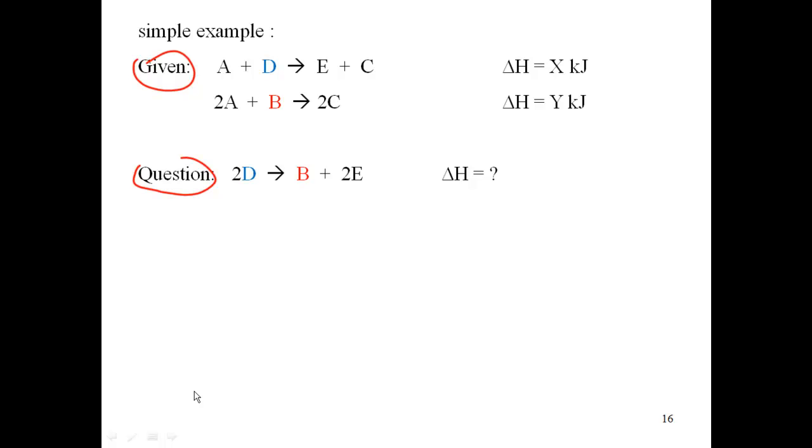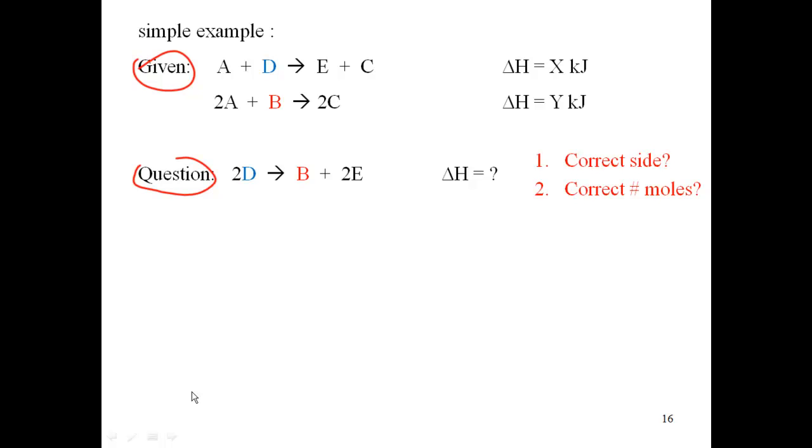Okay, so I'm looking for that species in one of the equations. That way I can ask myself two questions. One, is it on the correct side? And secondly, is it the correct number of moles? If I can fix those two things with one particular equation, then I know that equation's done, and I can move on to the next one.